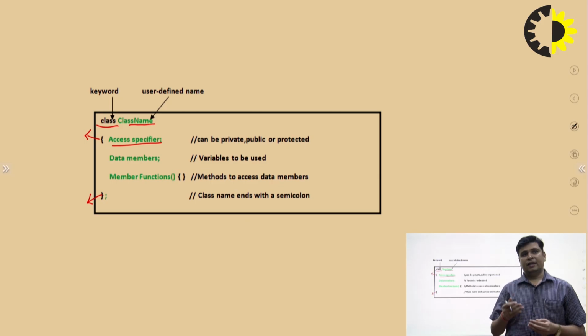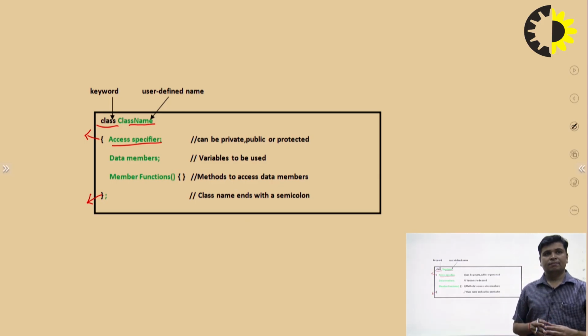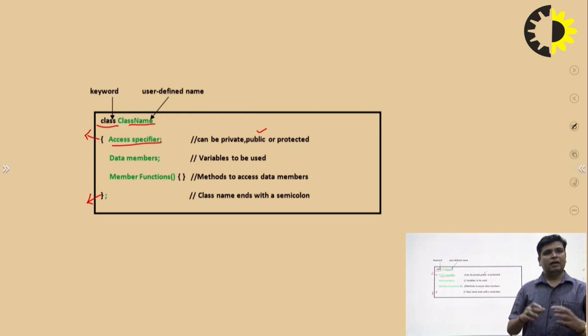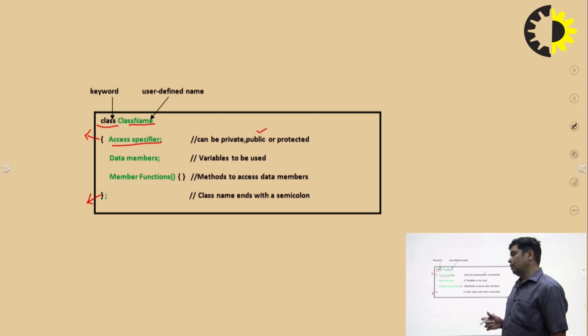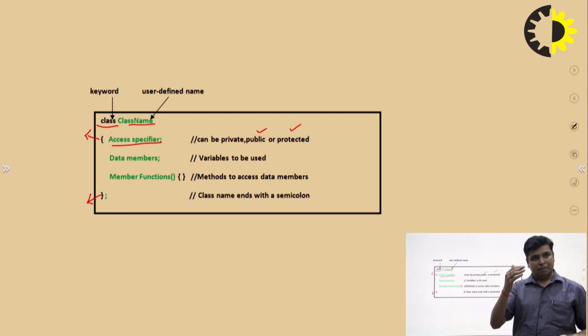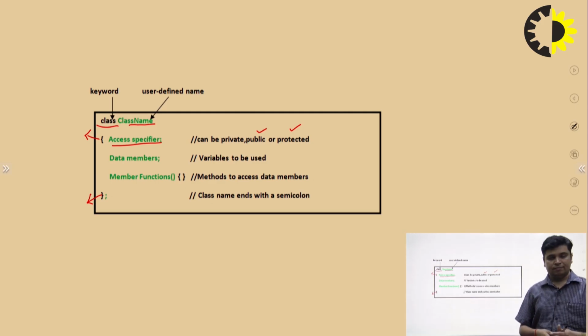Whatever is declared inside private cannot be accessed from outside of the class. Public means it can be accessed throughout the entire class, or we can access it remotely also. And protected members and properties will be accessible only to the child class of a particular class.